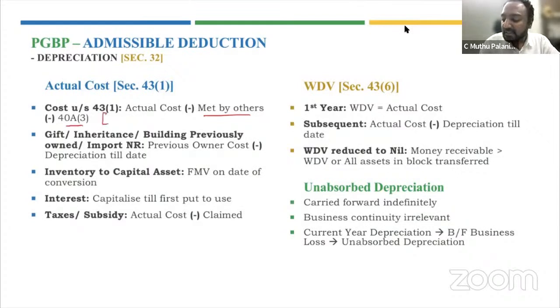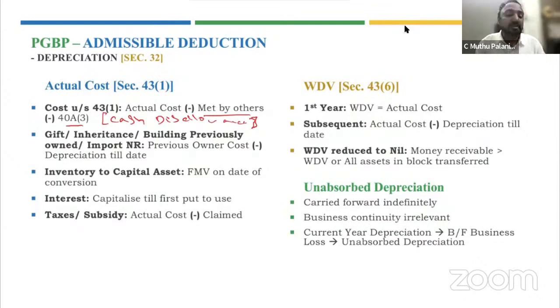Cash disallowance, which means any expenditure which is more than 10,000 is not an eligible expenditure. So if you're buying an asset and you're paying in cash for more than 10,000, for such amount, you should not consider it as cost. So cost is actual cost minus met by others minus disallowance under section 40A clause 3. So this is your cost.